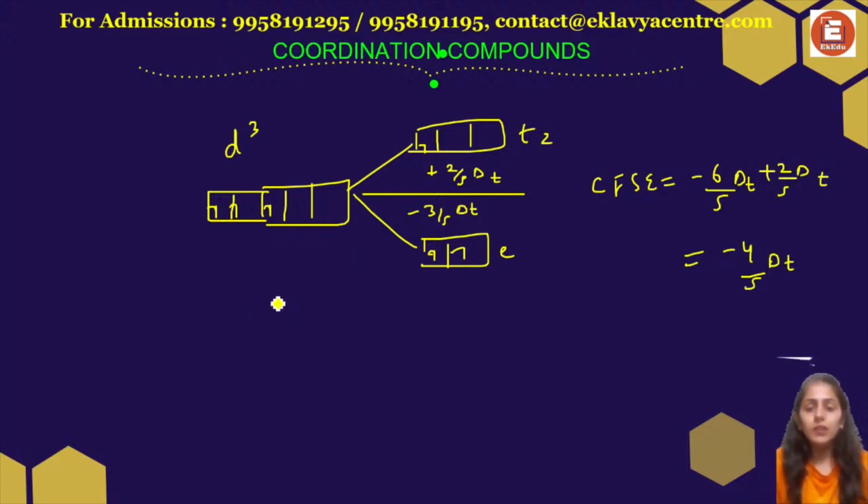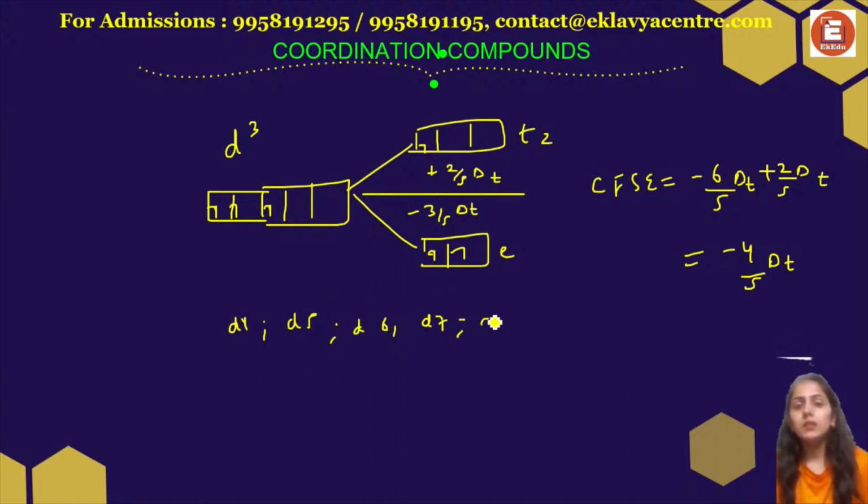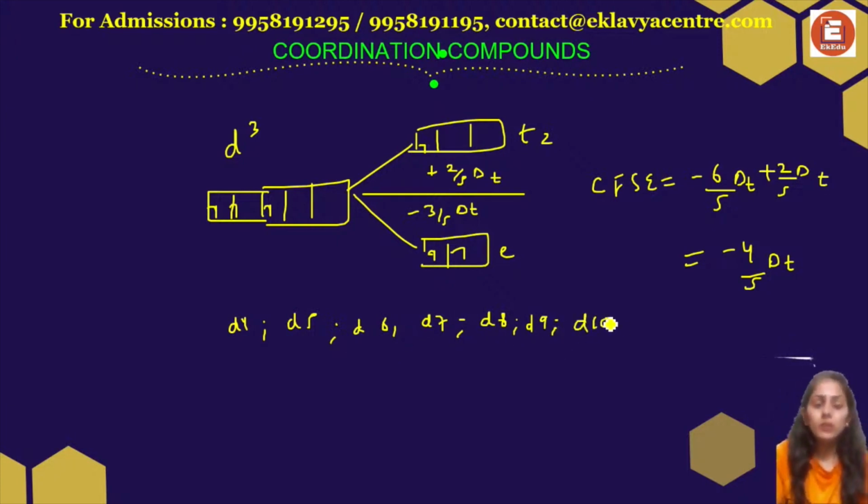Similarly, you can find the value for d4, d5, d6, d7, d8, d9 and d10. For octahedral complexes we have already discussed all the values. For tetrahedral you can do it by yourself. I'll give you an example quickly.